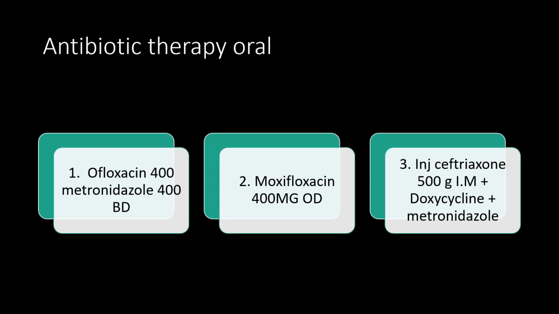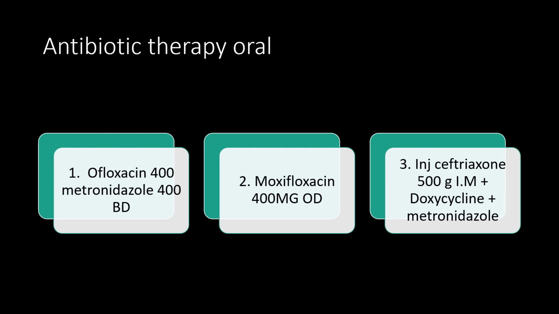What is the antimicrobial therapy? There are 3 regimes in the outpatient department. These include ofloxacin 400 milligram twice a day with metronidazole 400 milligram twice a day. The second regime is only moxifloxacin 400 milligram once a day, right?